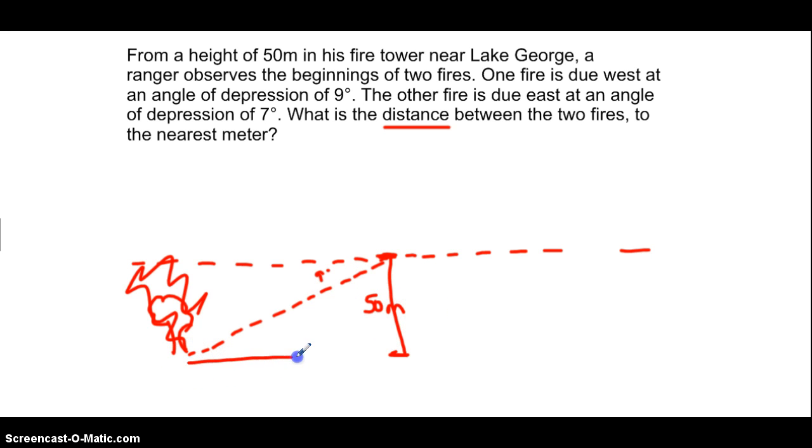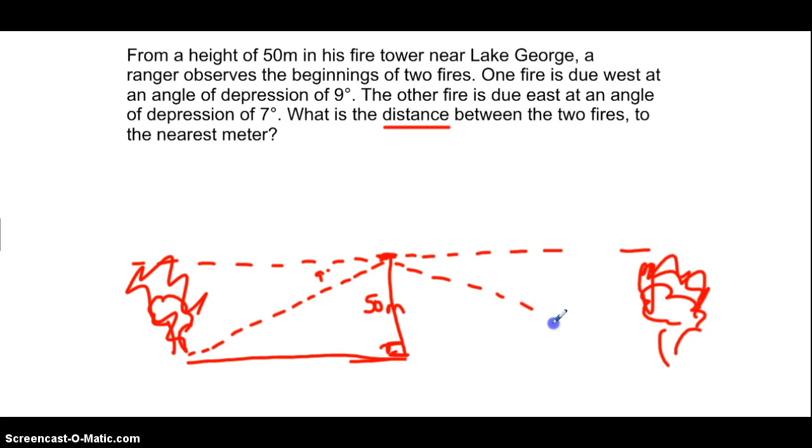And then we have the ground, which is parallel to that horizon line. And we're going to assume that the tower is perpendicular to the ground. Then we have another forest fire happening. There's the fire. And he looks over at this fire at an angle of depression of 7 degrees, the one to the east. Okay? So there's another right triangle that we have created.